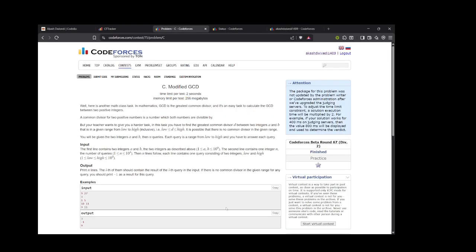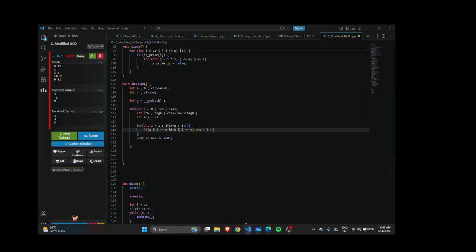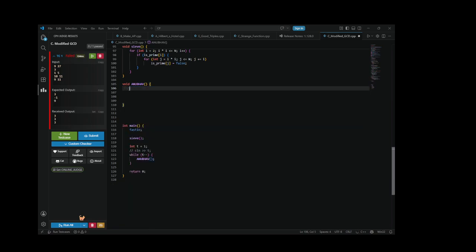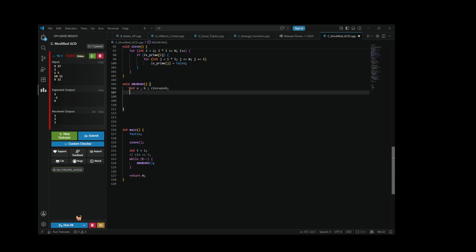So let's code that solution up. Let's remove this as of now. This was the optimal solution that I was going to code, but let's code the brute force one, what directly comes to your mind.